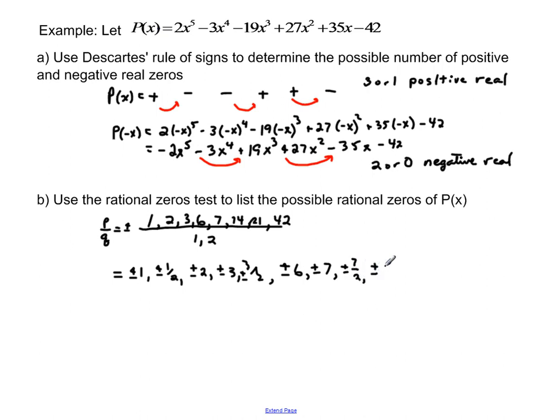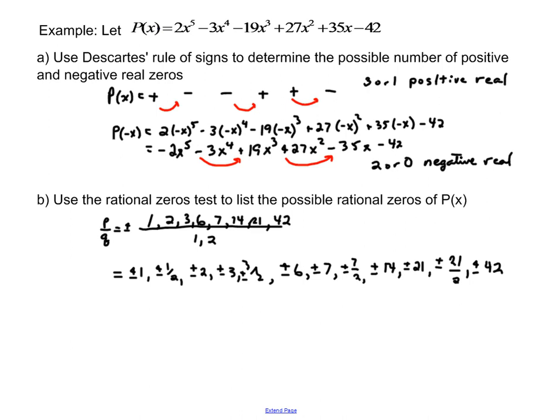Plus or minus 14, but not 14/2 because that's 7. Plus or minus 21, or possibly positive or negative 21/2. Sort of an extensive list, but much shorter than just random guessing, right? And plus or minus 42 makes up our entire list of possible rational zeros.